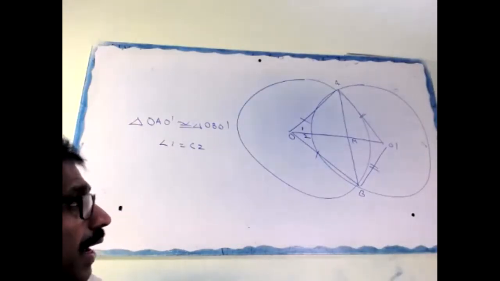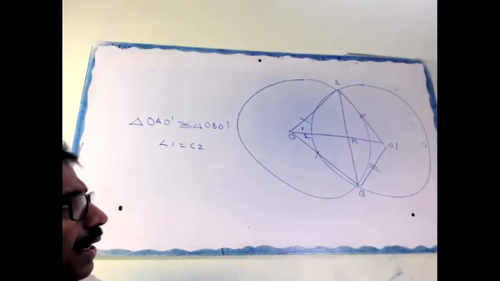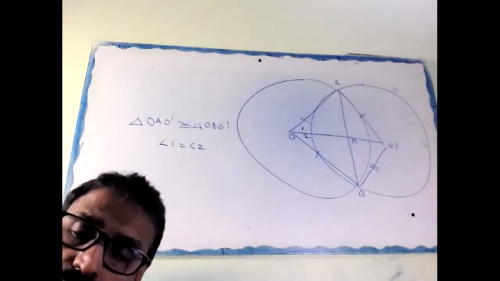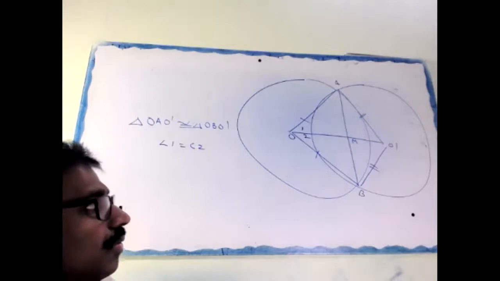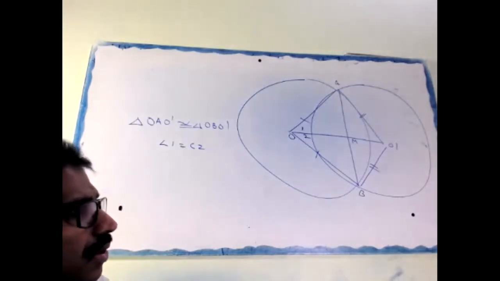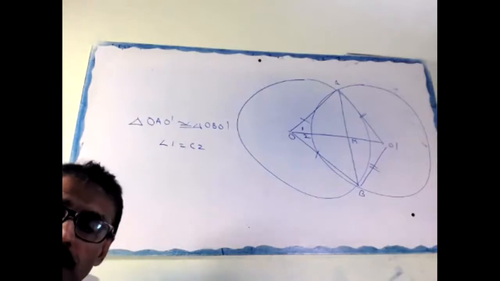Therefore, triangle OA O dash is congruent to triangle OB O dash, SSS congruency. Okay, write up to that.